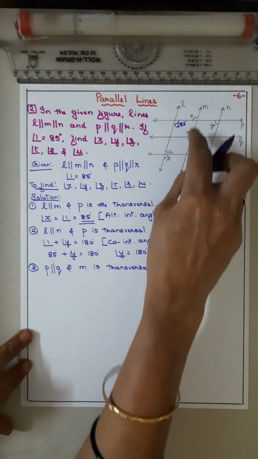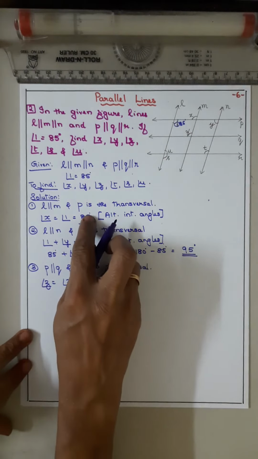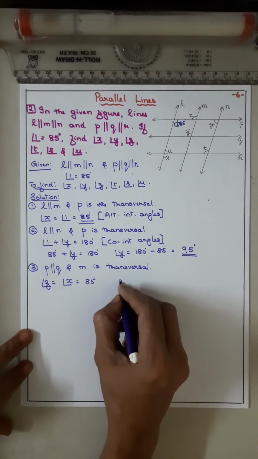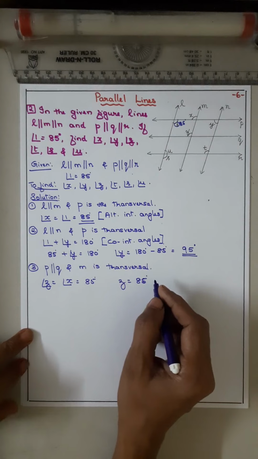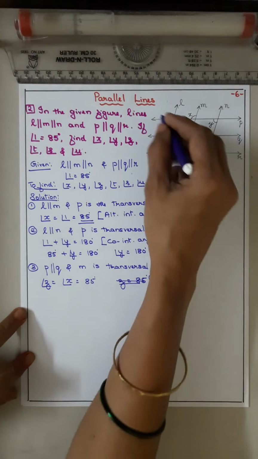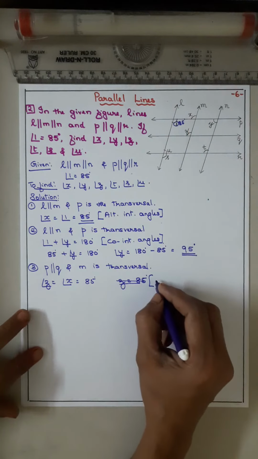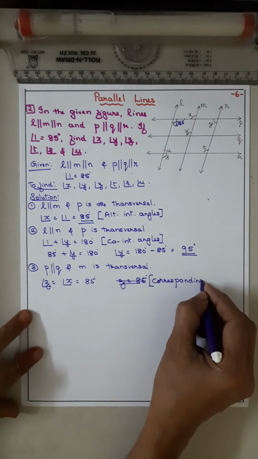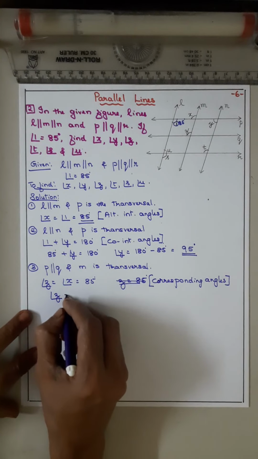Now, Z is equal to X. How much did you get? 85. So Z is equal to 85. What is the reason? On the same side of the transversal, it is corresponding angles. So angle Z is equal to 85.